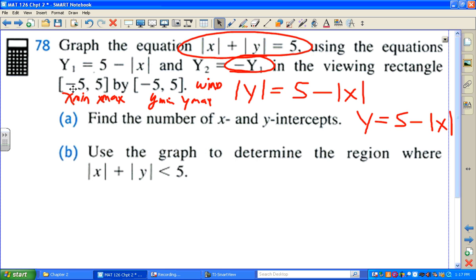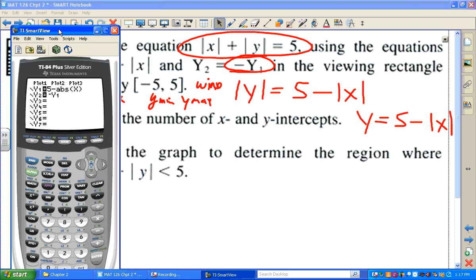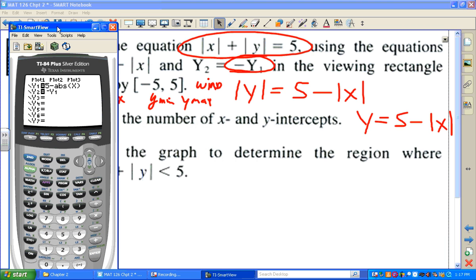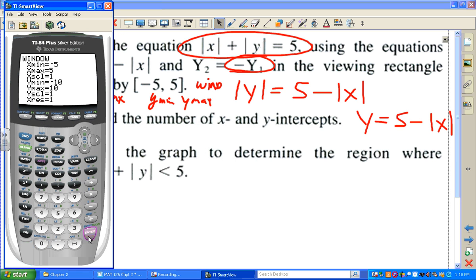So I go back to the calculator. Window is at the top. Second button over from the left for me. Negative 5 to 5. Scale of 1. Negative 5 to 5. Scale of 1. Graph. Nice.